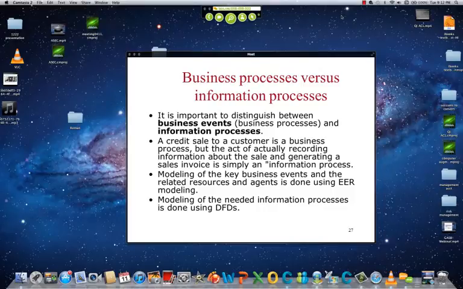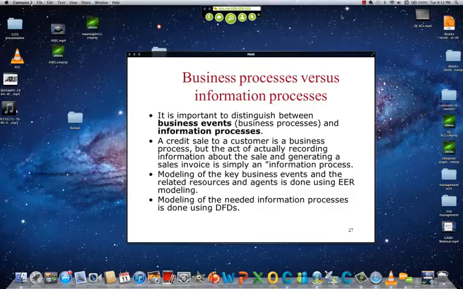This distinction is sometimes vague, and it's very hard to say. For example, you go online, see something that you like, place it in your cart, and place an order. Then this order is processed by the store's backend system and recorded. Then a shipment is created, and so on. So a number of events have happened.